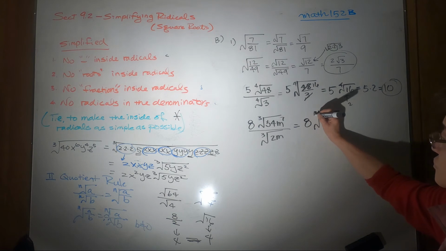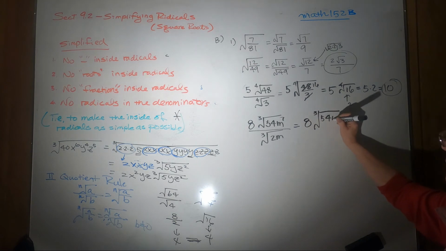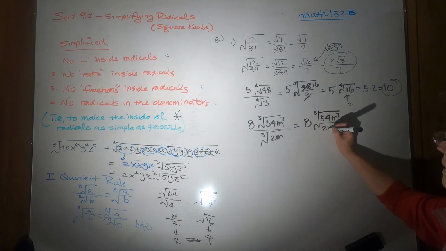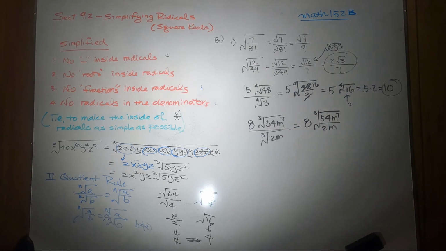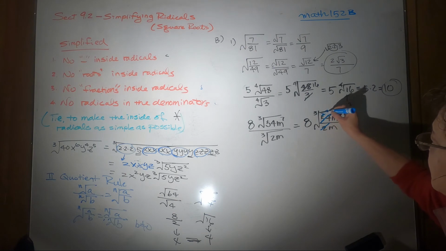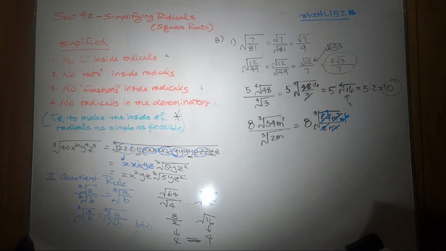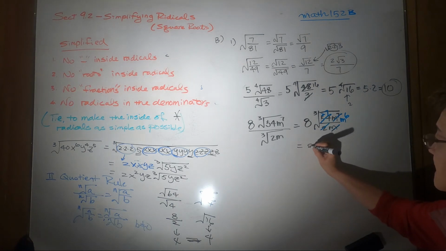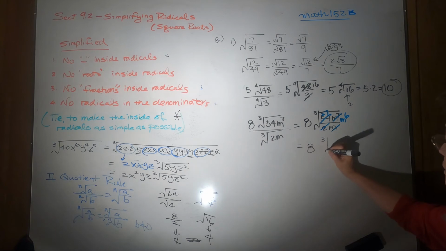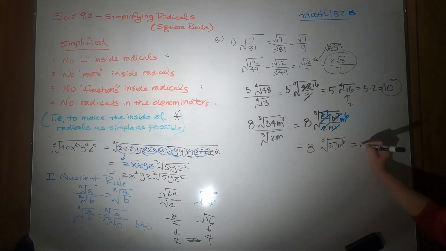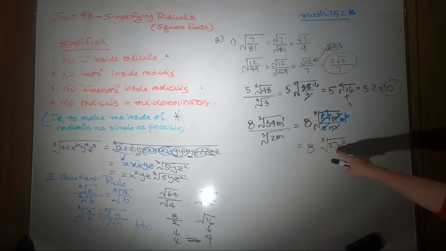So that's the cube root of 54 m to the 7th over 2m. If you do that, you'll find out, oh, sounds good. That's 27. So that would be what? m to the 6th, right? Then you will have 8 times what? The cube root of 27 m to the 6th, right? Then you can just split them, or you can just look at it.